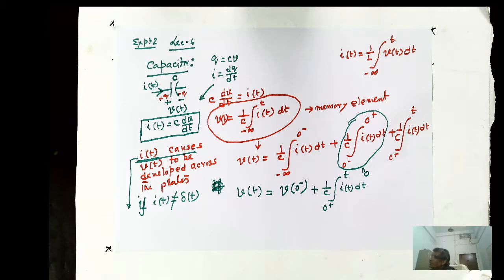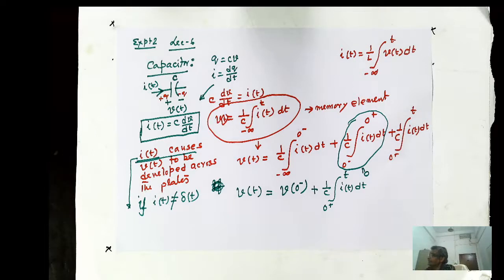In such a situation, 0 minus, 0 plus and 0 will appear to be the same. If it is a reasonable function of time, this is true.